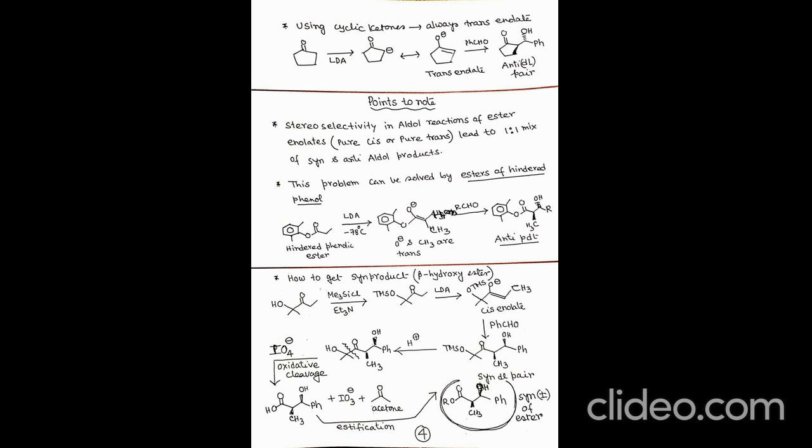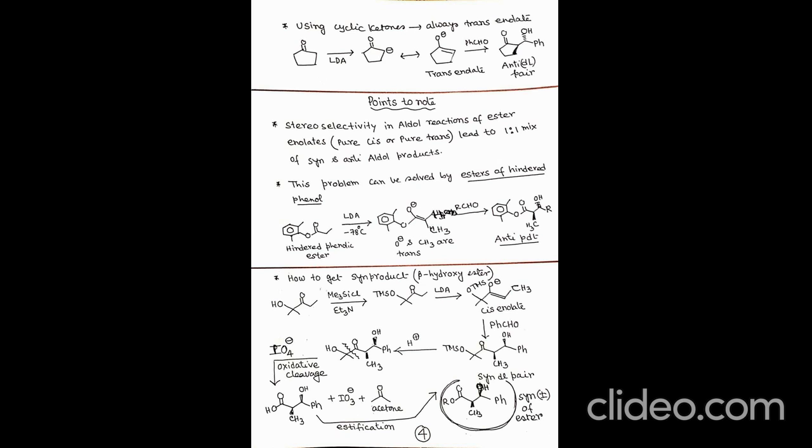Now in the next few steps, this syn product will be converted into the beta hydroxy ester, because although we got the syn product, the ester is not there at the proper place. So now this is allowed to hydrolyze, so that OTMS will be converted into the OH, and then by using periodate, this molecule is subjected to oxidative cleavage, so that we will be getting the beta hydroxy carboxylic acid.